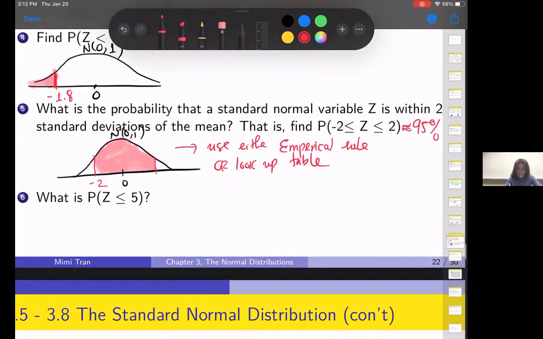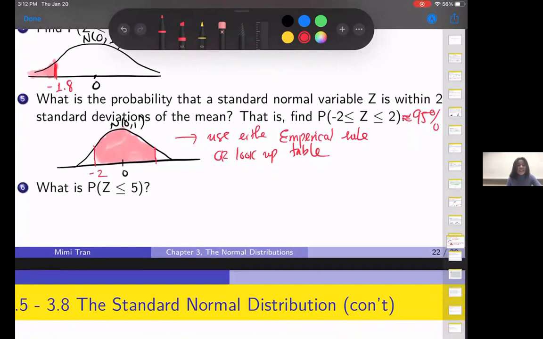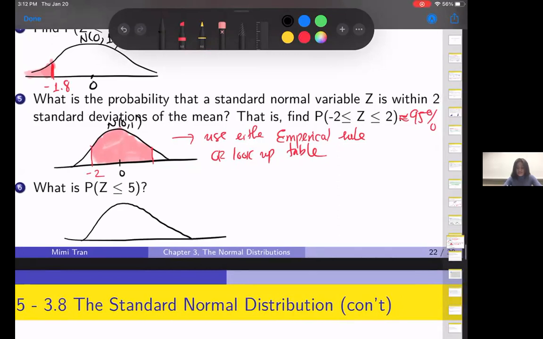Okay, Roman, that's fine. What is the probability that Z is less than or equal to 5? Anyone want to try that answer before I explain? Good job, Roman. 1 bonus check mark for you.